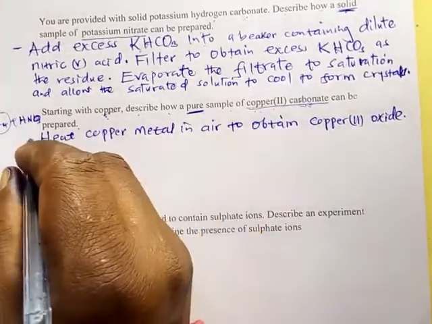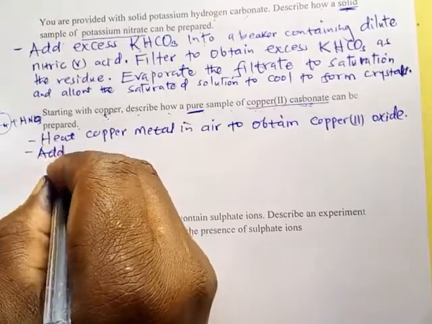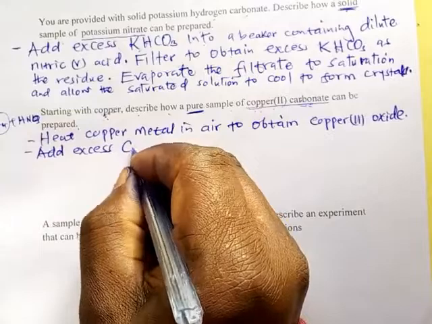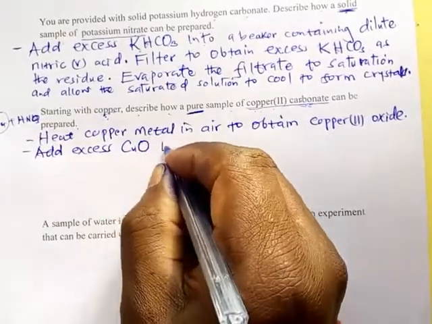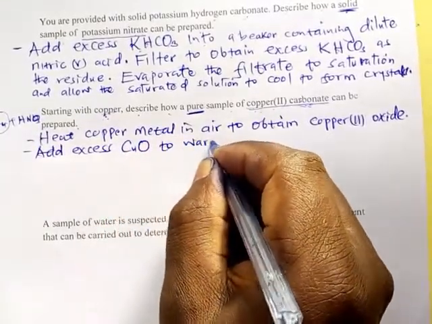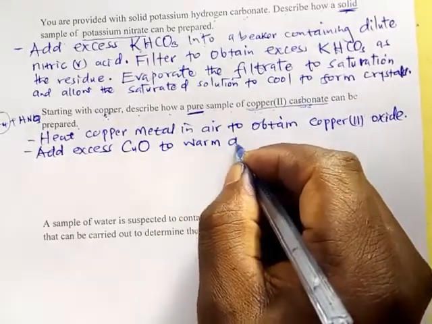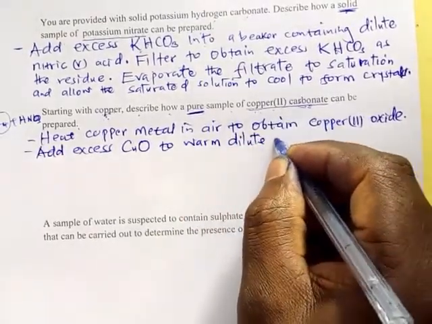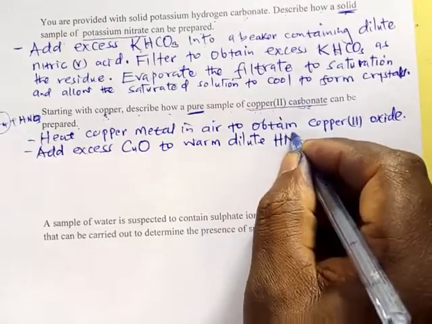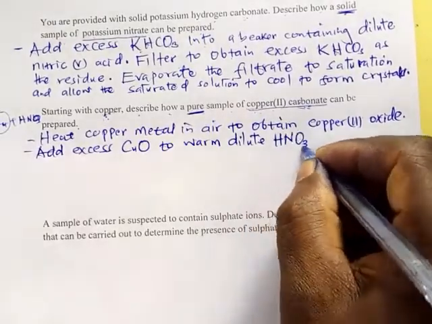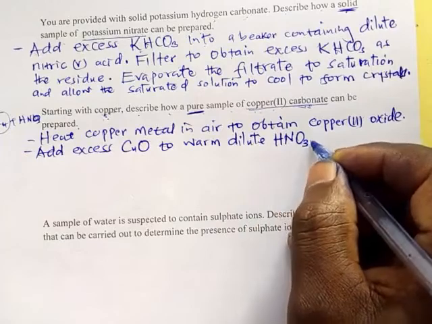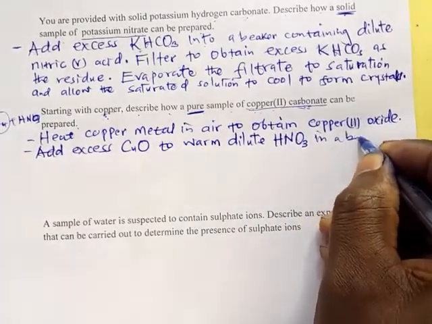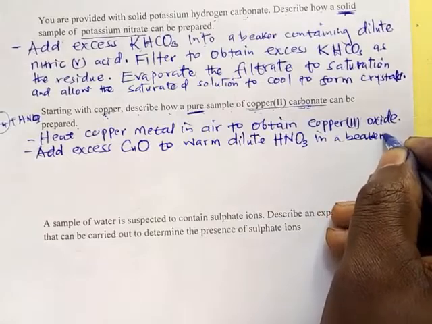Next, add excess copper 2 oxide to warm dilute nitric acid. This acid could be in a beaker.